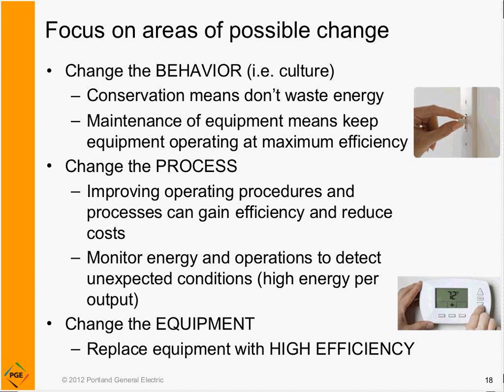Turn the lights off. Change your behavior of what you're doing. You can also change the process. They went in and changed the janitorial process, changed the contract, and they saved. You could change operating procedures, monitor and detect unexpected conditions. And finally, the easiest one that we had examples on today were change the equipment, replace the equipment with high efficiency.